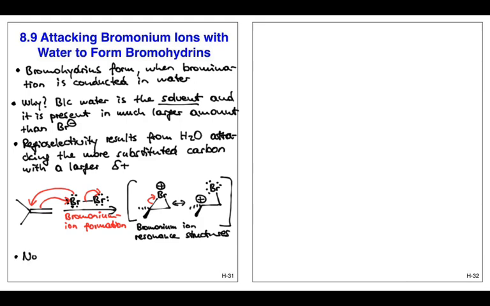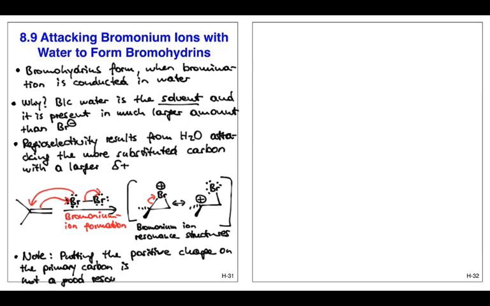So it's important to realize that we break the carbon-bromine bond in these resonance structures with the more substituted carbon only. Why? Because putting the positive charge on the primary carbon atom would be much less favorable. It's not a good resonance structure, so this resonance structure here, you don't want to draw, where the positive charge is on that primary carbocation.